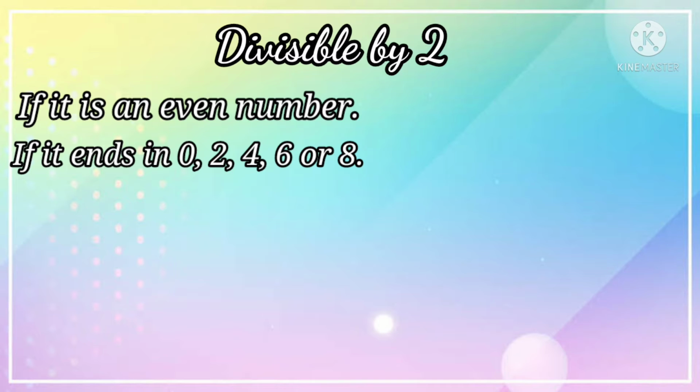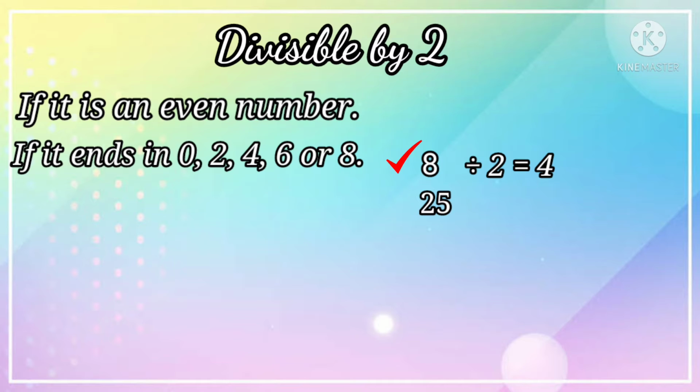Let us have some examples. We have 8. Since we have a single digit and 8 is an even number, therefore this is divisible by 2. And if we are going to check, 8 divided by 2 is equal to 4. Next one is 25. What is the last digit?